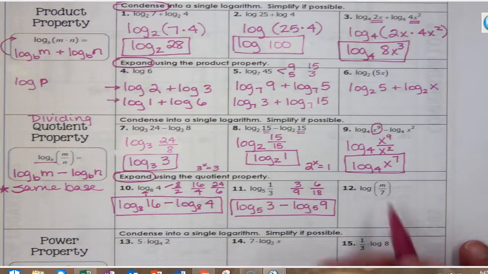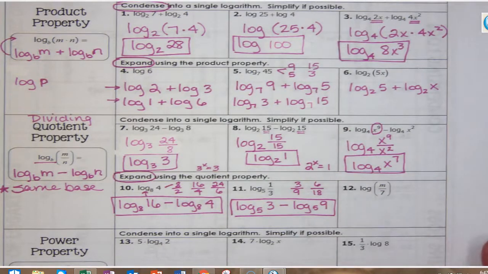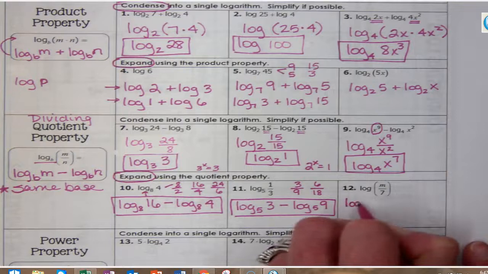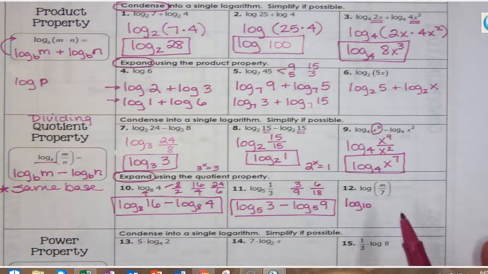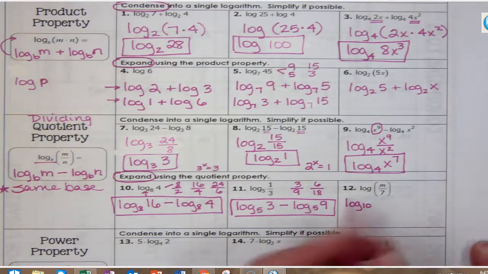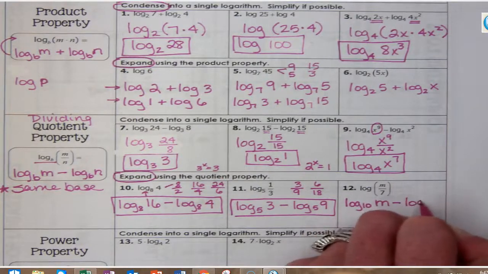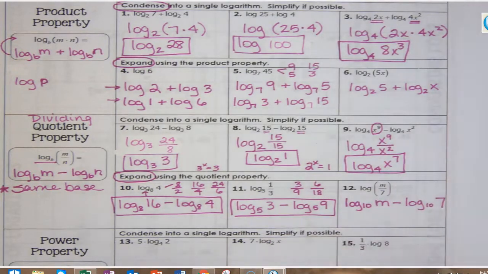Now I've got this log of nothing, which now we know is base 10. So log 10. What's going to divide to give me m over 7? Well, I can just do log base 10 of m minus log base 10 of 7.